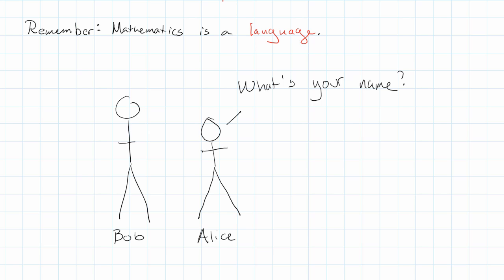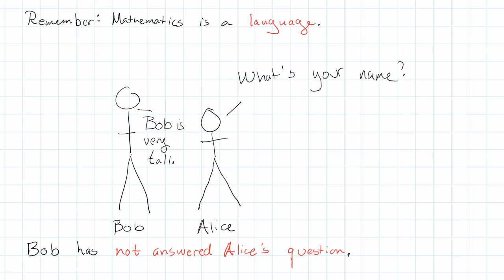She's looking for Bob's name. Now suppose Bob replies with, "Bob is very tall." Now that is a true statement. Look, Bob is quite tall. And it includes his name. But would you say that what Bob said is an appropriate answer to Alice's question? She might even be able to work out what his name is. But I don't think he's answered her appropriately.